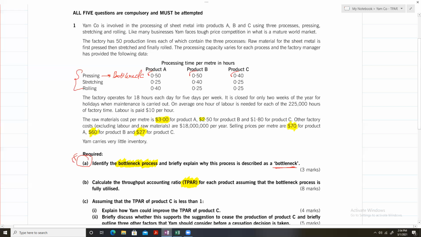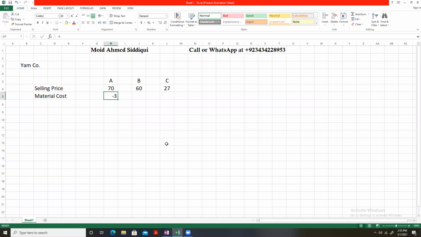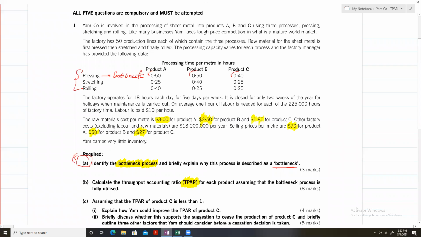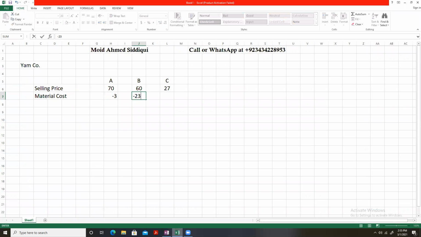Now the material cost is $3 for A, $2.5 for B, and $1.8 for C. So the throughput per unit for each product is how much?